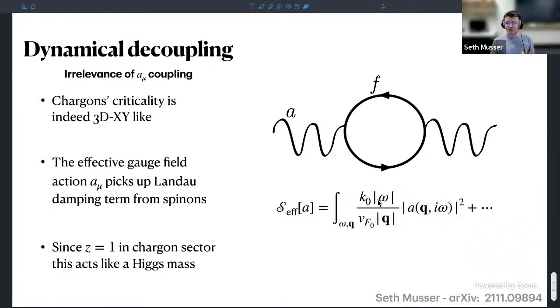The important thing is just that we have this omega over q, and we know that the chargons are relativistic, which means that omega will scale like q, z equals 1 in the chargon sector. And so this Landau damping term is just going to act like a Higgs mass in the chargon sector, and we can neglect the A mu field at the critical point.